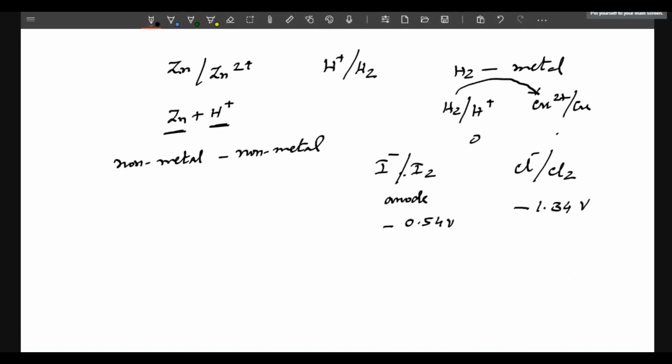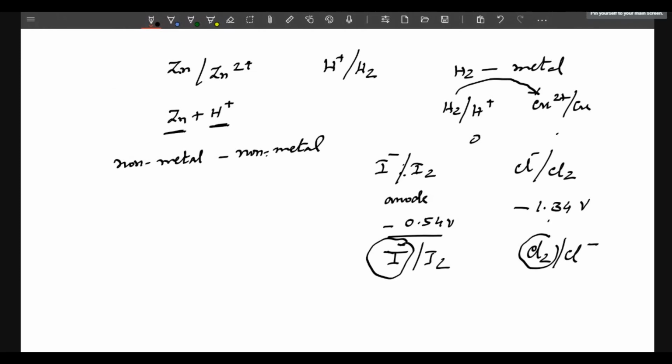Of these, this has the higher oxidation potential and this has the lower oxidation potential. Therefore, we will write this as the anode. Anode means oxidation, and the other should be the cathode. Cathode means reduction. Now, what is present on the reactant side? An ion and a molecule. Therefore, the non-metal combination also has an ion and a molecule on the reactant side.